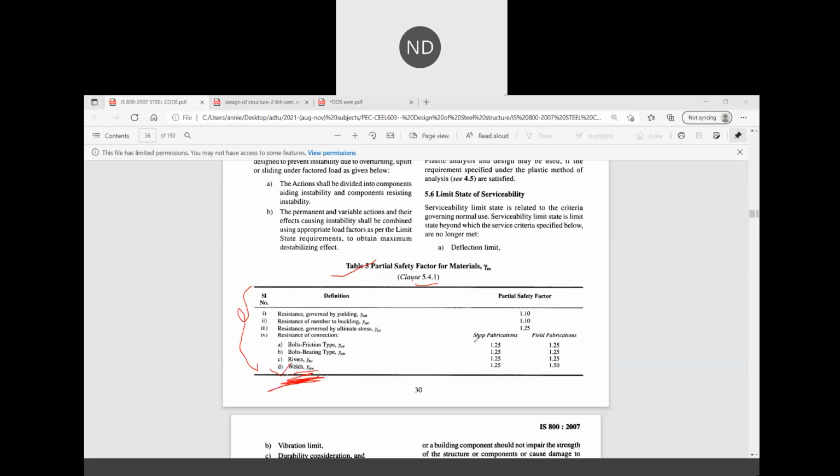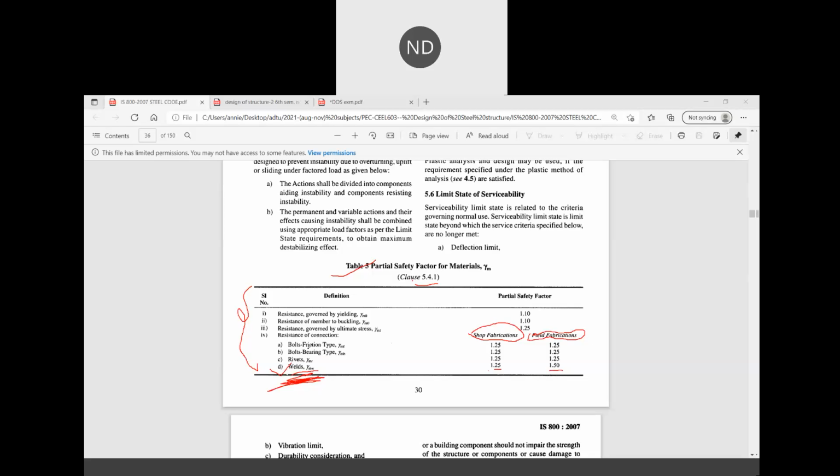There are two values for this gamma MW, the partial safety factor for weld. You have either shop fabrication or field fabrication. So there are two different values, 1.25 and 1.50.